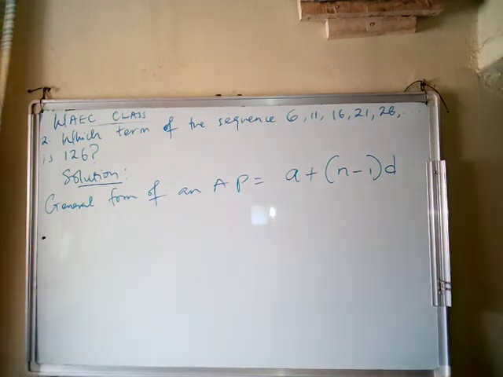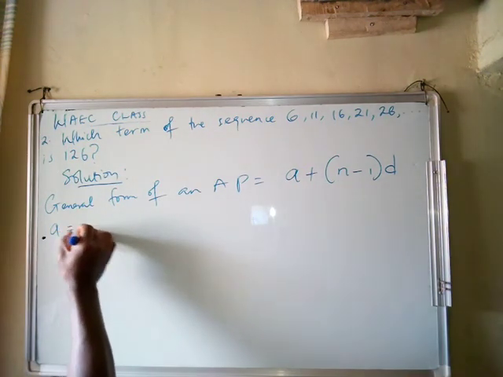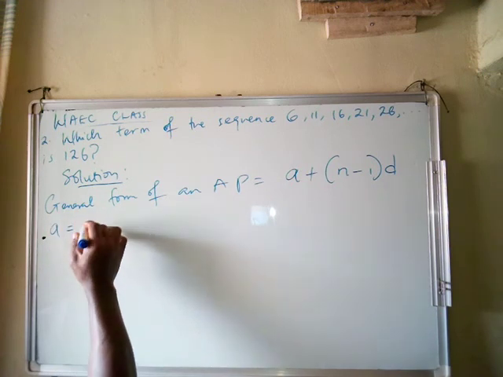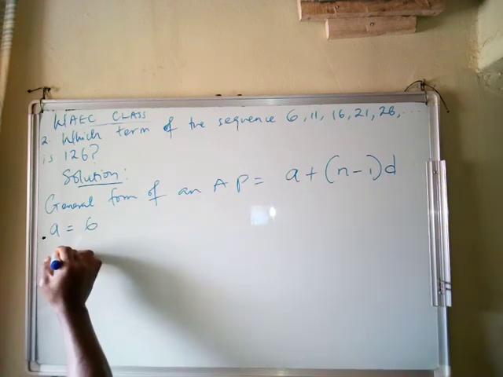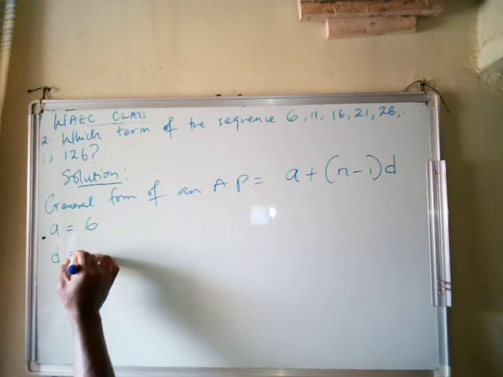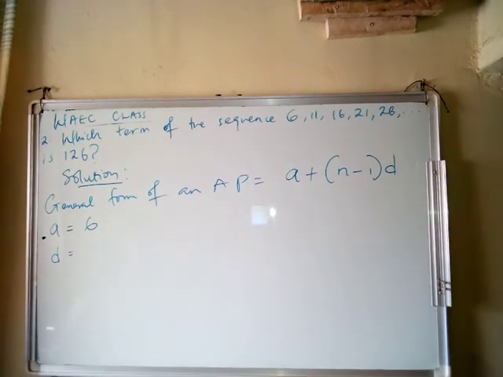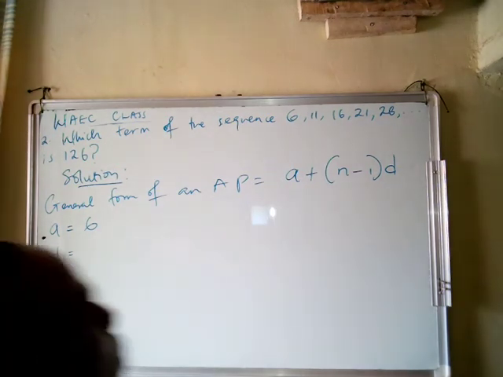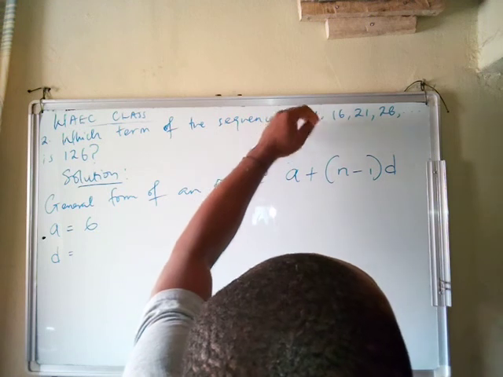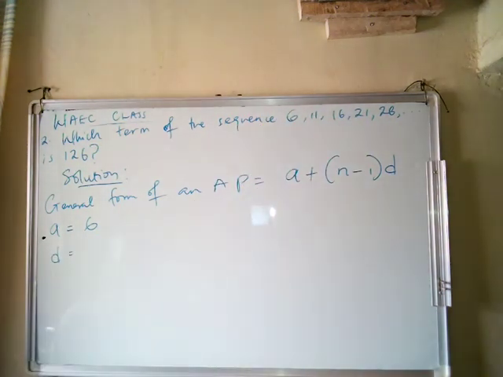So the first thing to find, let's write out the parameters. Your A is 6. So you could choose anything as your common difference, but first of all, before you even start checking, make sure that the common difference applies for at least the first, second, and third terms that you are given.